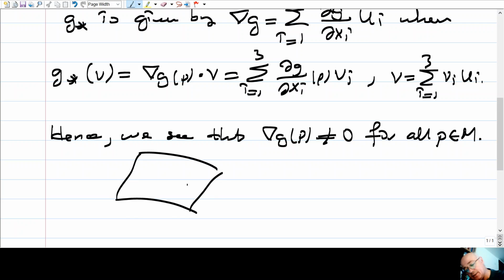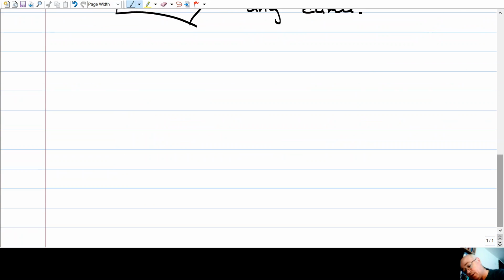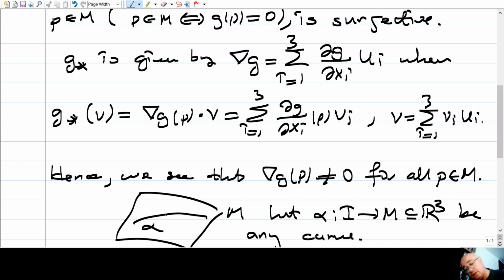So let's say this is our surface, and let's take a path alpha, any curve. Then of course the tangent vector to alpha is always in the tangent space.